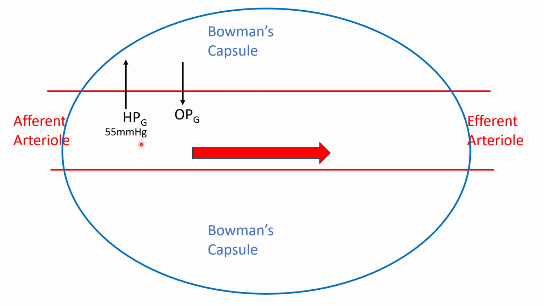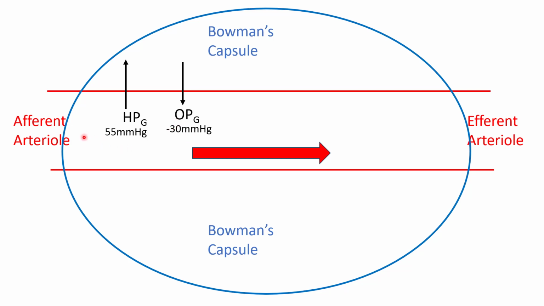So just like we did before, we're going to call that a negative pressure. We're going to call all outward pressures positive, all inward pressures negative. It's going to make the math easier, just like we did before. So osmotic pressure, we're going to give it a negative, and it is 30 mmHg. Outward hydrostatic pressure, 55 mmHg. Inward osmotic pressure, negative 30 mmHg.